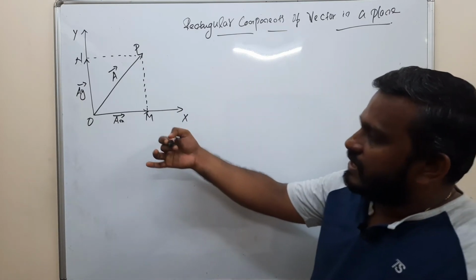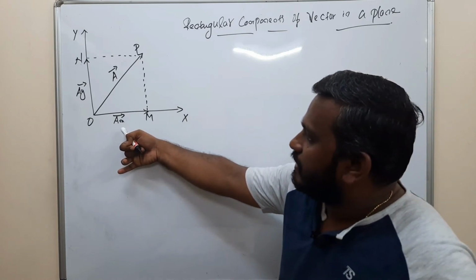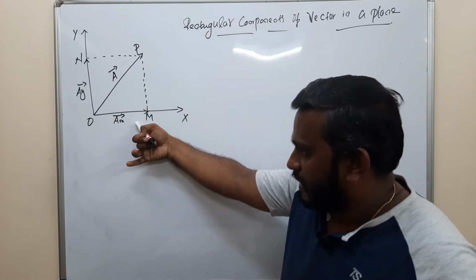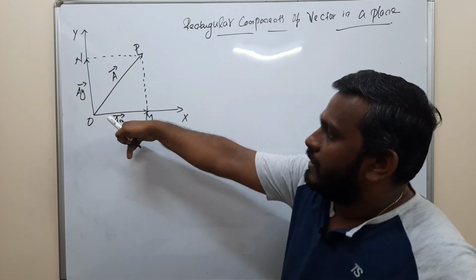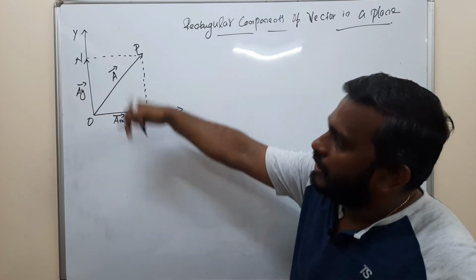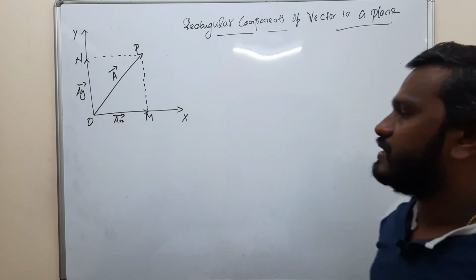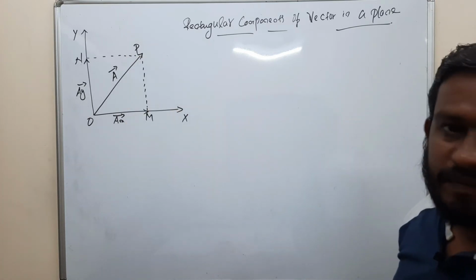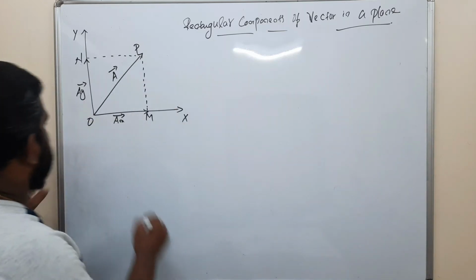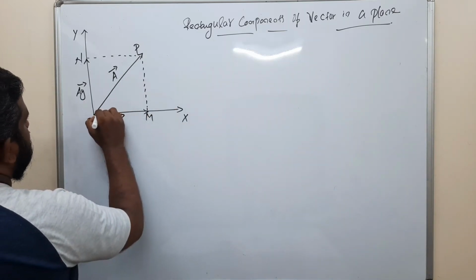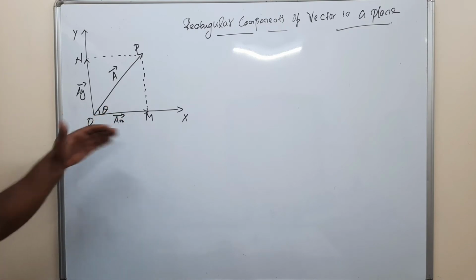So the vector component along the x-axis, that is OM vector or AX vector, is called the horizontal component, and AY is called the vertical component of this vector. Suppose this vector makes an angle theta with the x-axis.